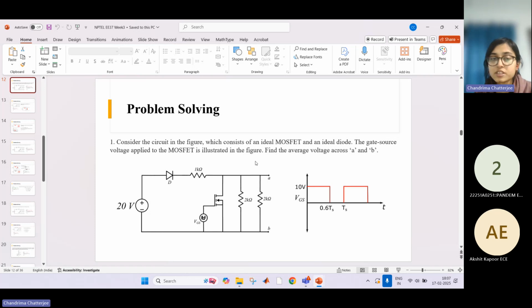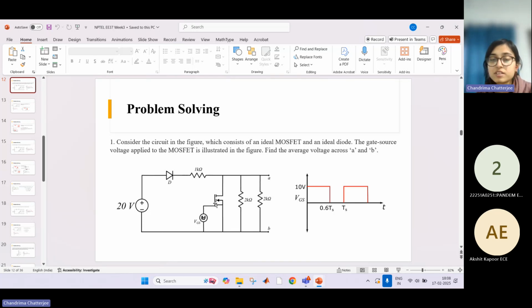And here they have mentioned that we can assume the diode and the MOSFET to be ideal for this question only, for the first part. So if we assume an ideal switch, then the moment this MOSFET turns on, it shorts this path, like this top point and this bottom point.